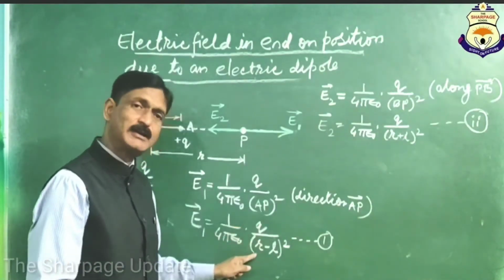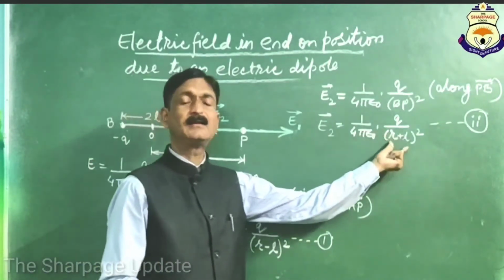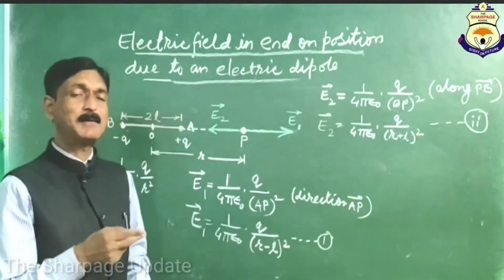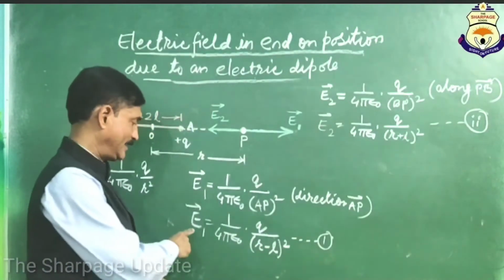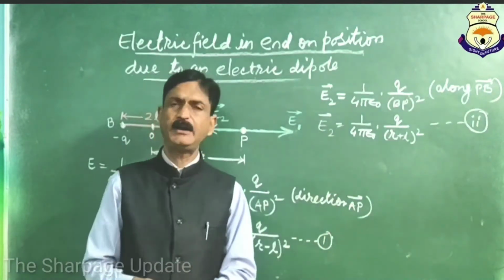So in this equation, the denominator is less than this. So the magnitude of E1 will be greater than the magnitude of E2.